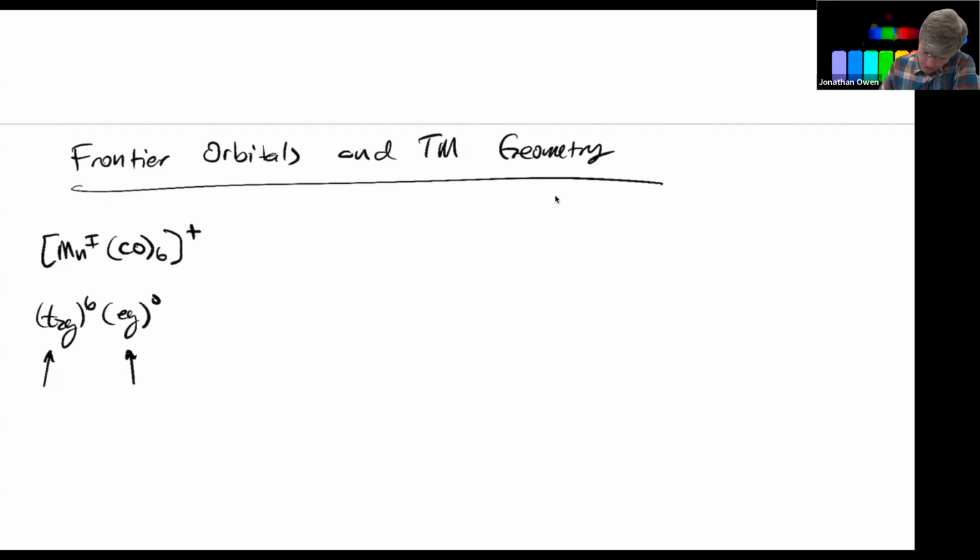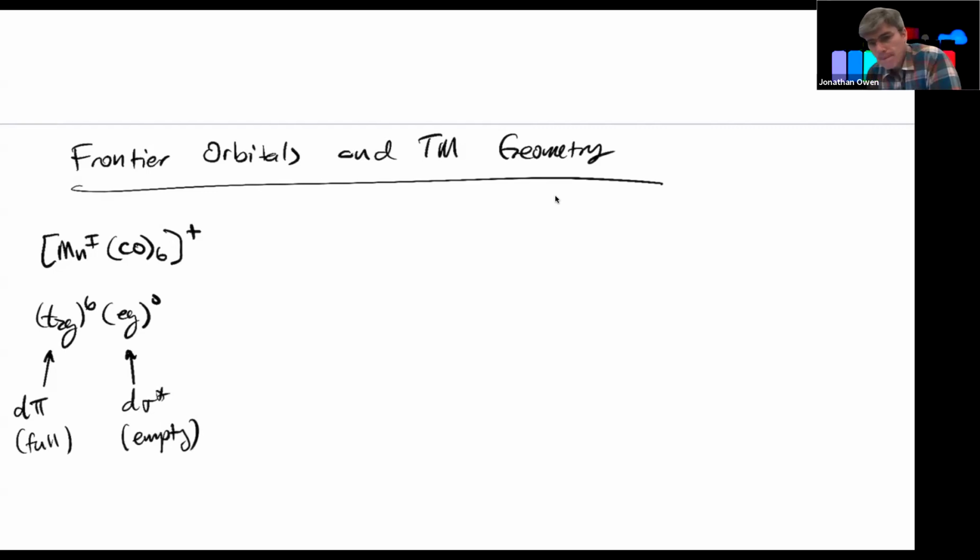So this level, the t2g level, this is d pi, and it's full. This guy is d sigma star, and it's empty. The d pi character drops it in energy. So we're going to add an electron to this thing.